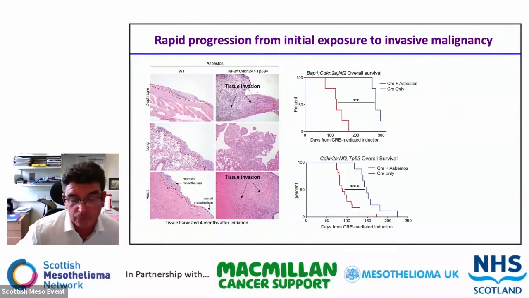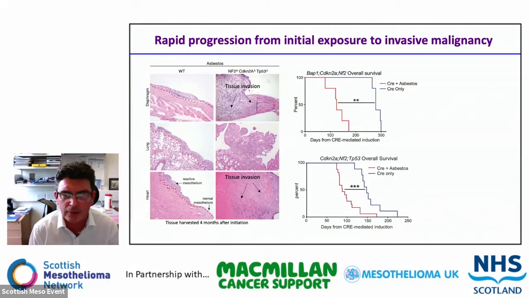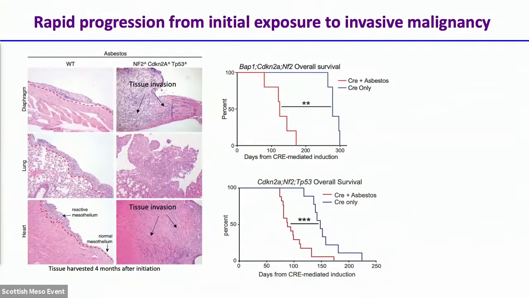We have looked at survival, analogous to what is done with human patients. We also do survival analysis in our mice, and I think this really drives home the point of the importance of including the asbestos in our mouse model. In 2 instances here, where we have genetically deleted 3 tumor suppressor genes that recur in human cancer, different combinations of tumor suppressor genes, when we include asbestos, in the red lines shown in both of these graphs, we really accelerate disease onset, and the speed with which these mice succumb to mesothelioma and have to be euthanized is really quite remarkable.